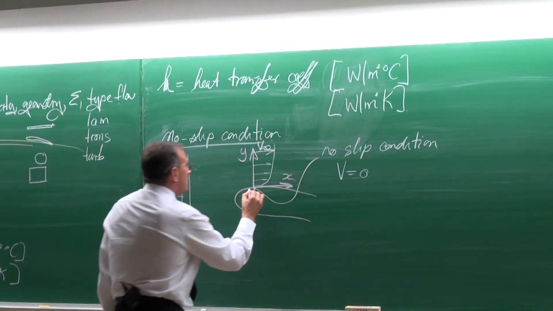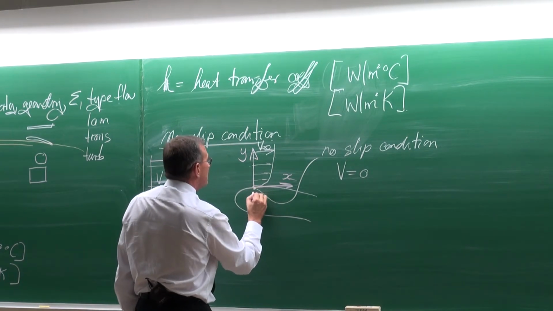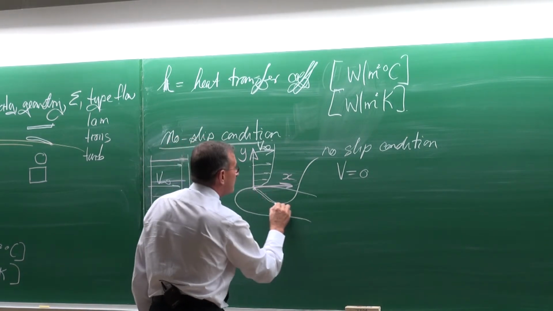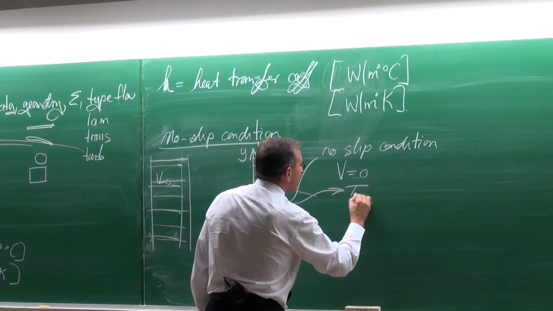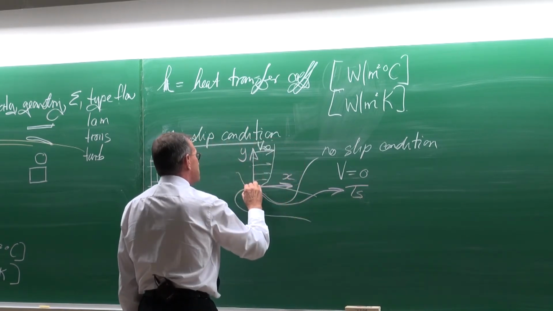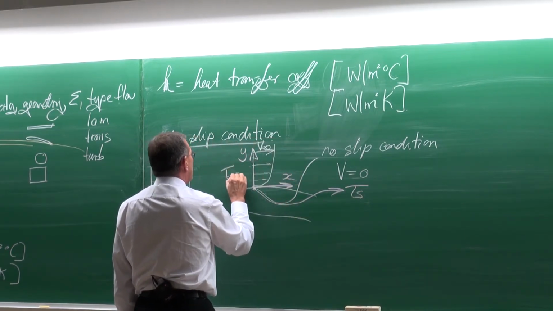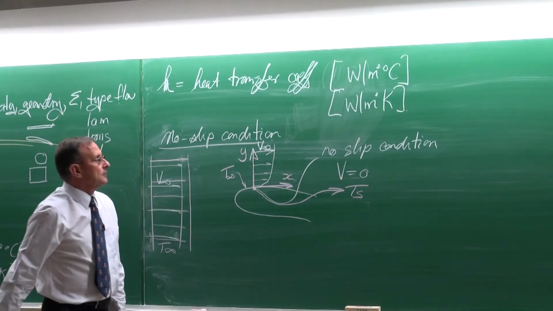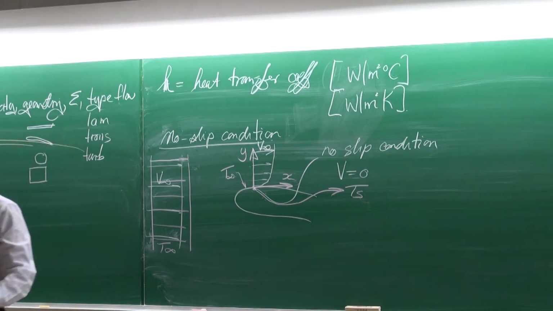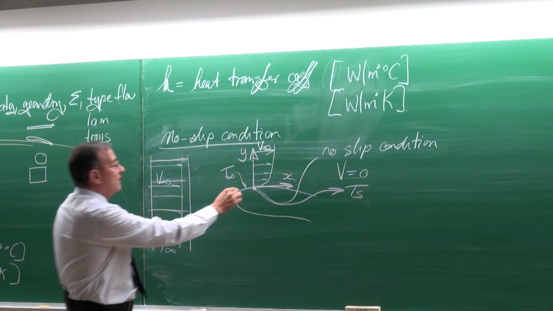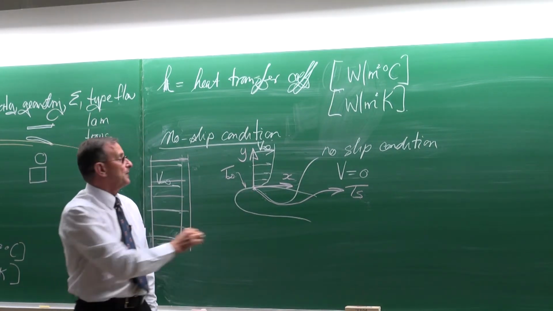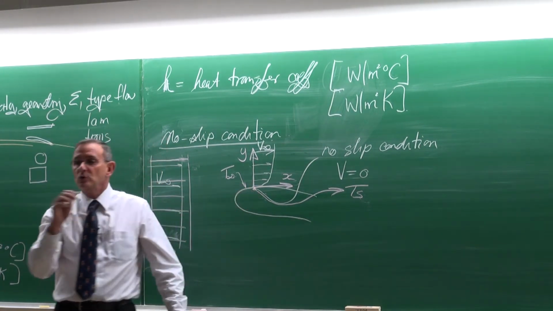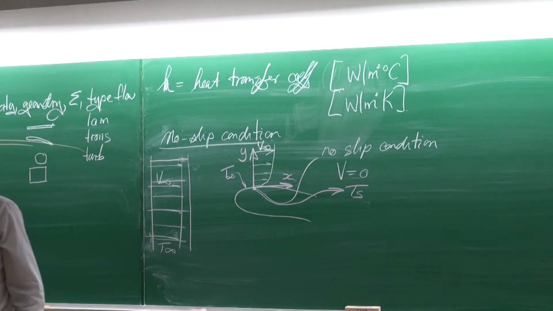Then the temperature at that point would be Ts, if that is the temperature of the surface, and that is T infinite. So the no-slip boundary condition, which is being used in fluid mechanics, where the velocity on the wall is equal to 0, at that point the temperature would also be the temperature of the solid.